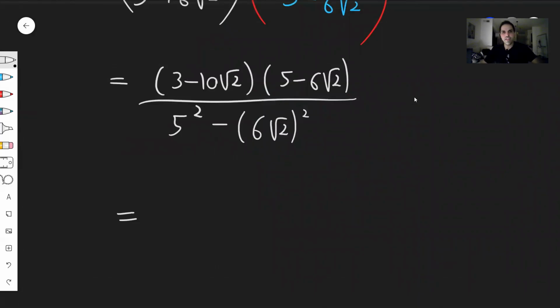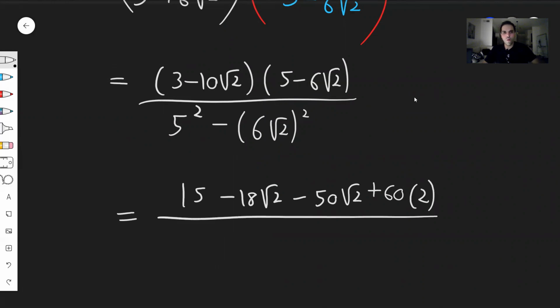So again, FOIL this out. So it's 15 minus 18 square root of 2 minus 50 square root of 2, and then plus 60 times 2 over 25 minus, so 6 squared, 36 times 2.